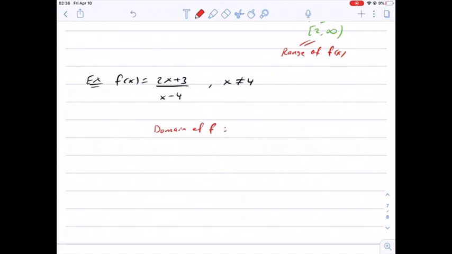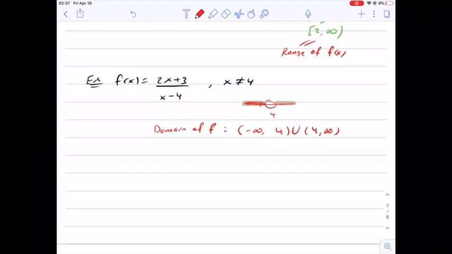The domain of f is everything except 4. So it's negative infinity to 4 union 4 to infinity. Good. So this is the domain of the function f.